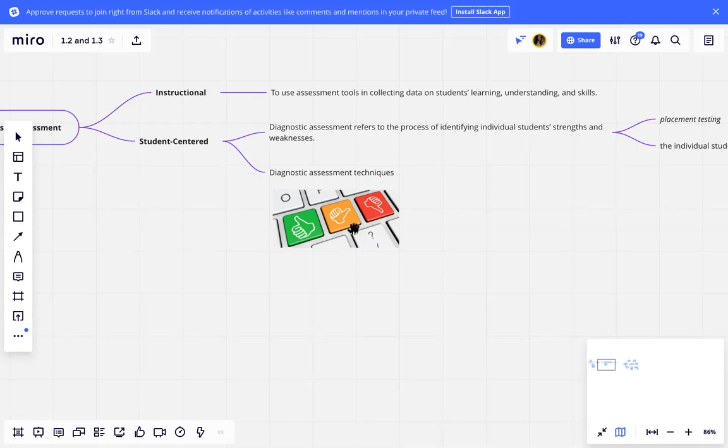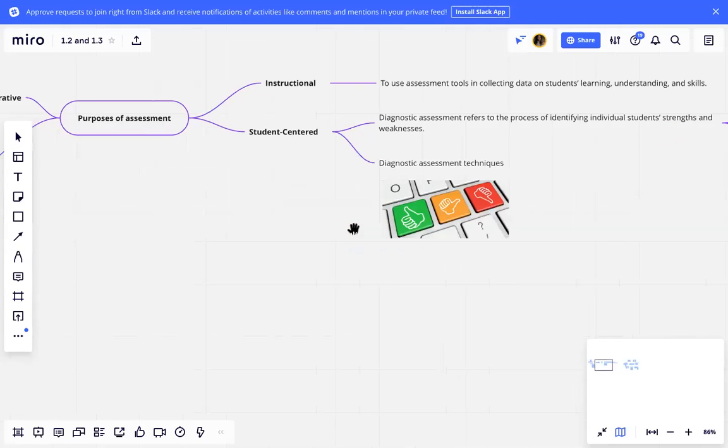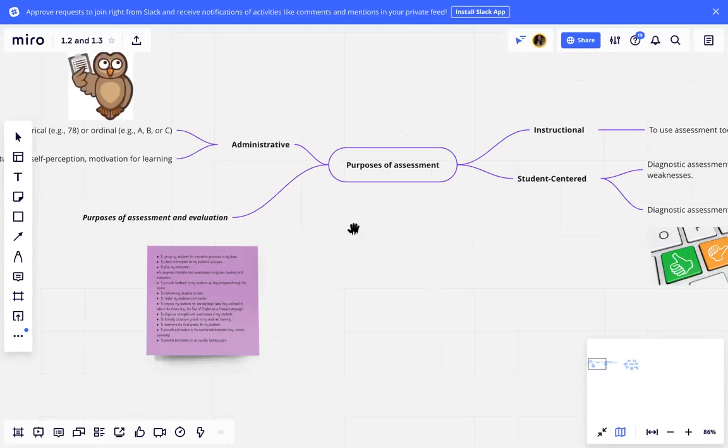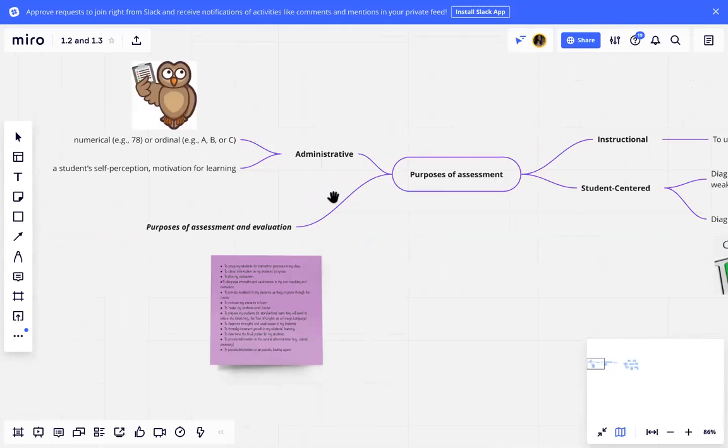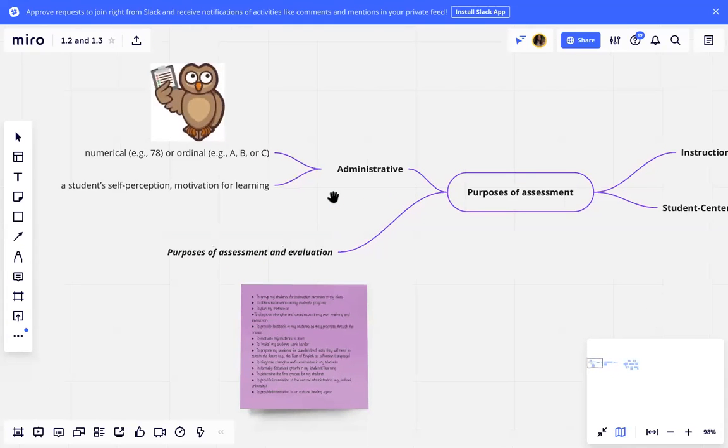Happy faces, you understood well. The sad, you didn't understand, and maybe the yellow face was in the middle, kind of.